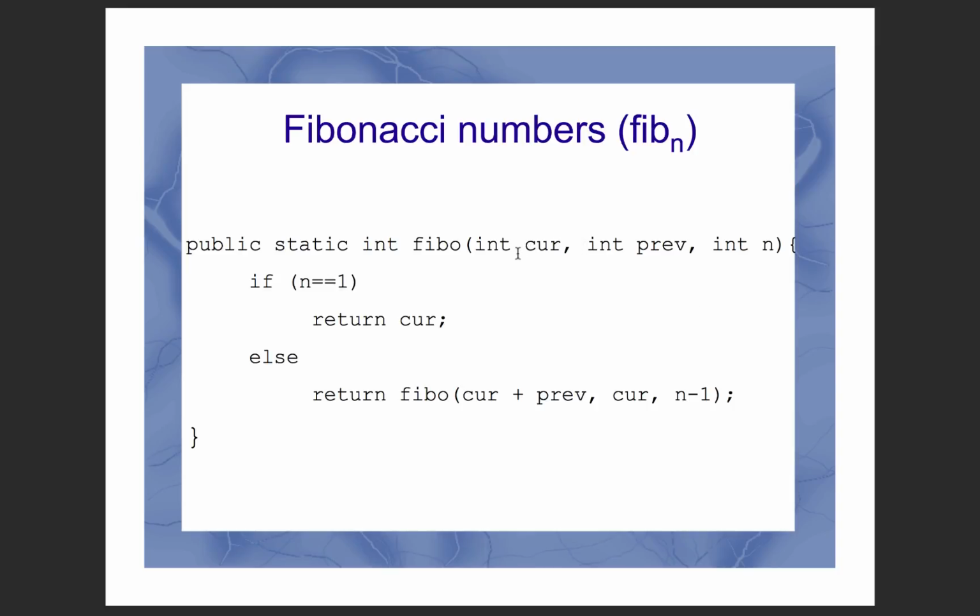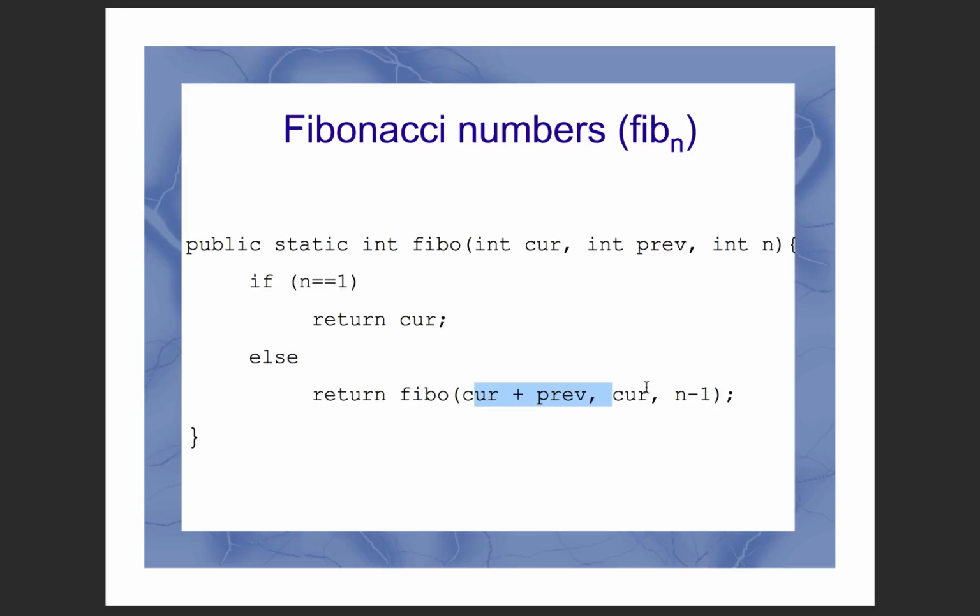You have some variables, current and previous. If n equals 1, then you return current. This is the base case. In the recursive case you have current plus previous, current, and n minus 1. This n minus 1 is your smaller input that is moving towards the base case, and these calculations avoid the tree recursive approach.